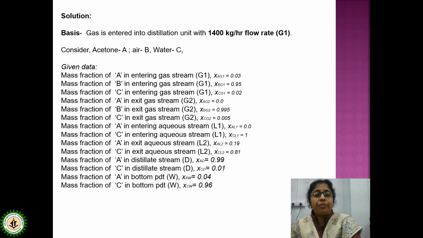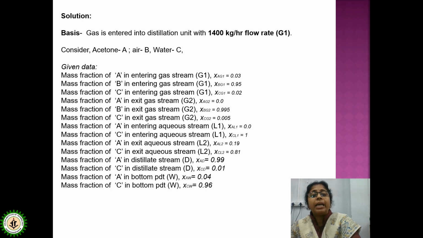Now, as per the given data shown in the flow diagram, the mass fraction of A in the entering gas stream G1 is XA,G1 equals 0.03, and then the mass fraction of B in the entering gas stream G1 is XB,G1 equals 0.95, and the mass fraction of C in the entering gas stream is 0.02.